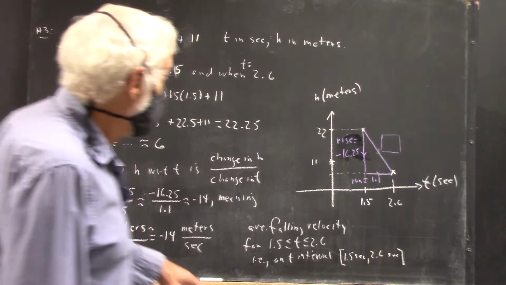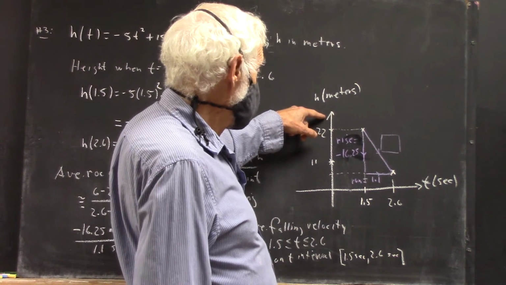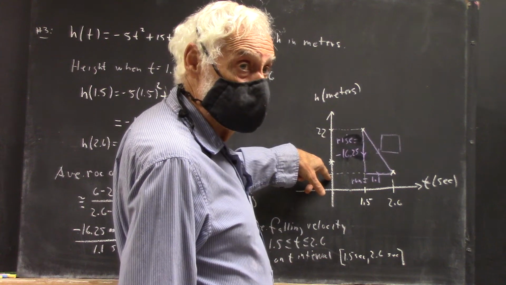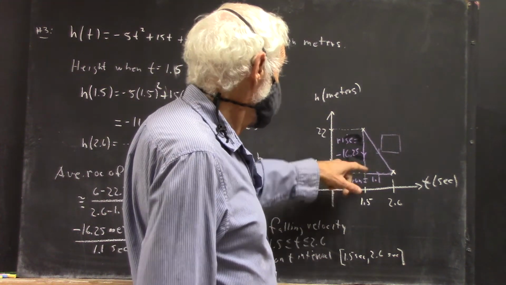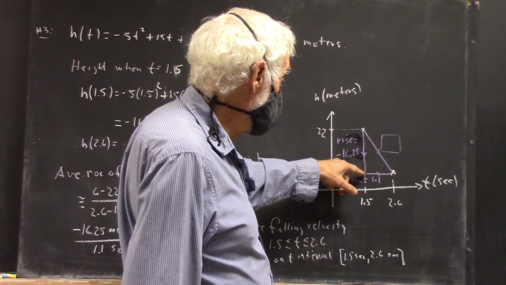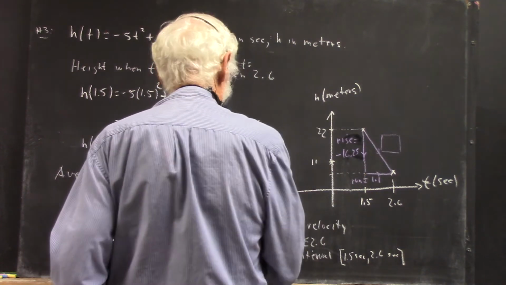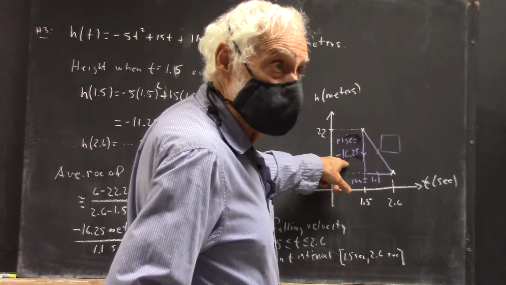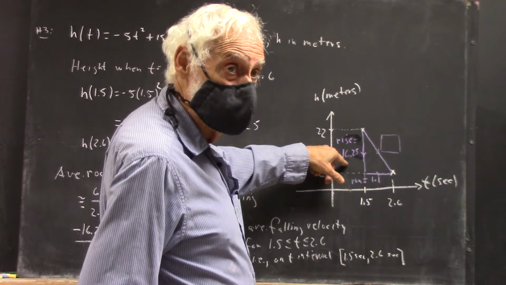But the rise goes from 22 down to 6, 22.25 down to 6, right? So if you go from 22.25 down to 6, you see why this is negative 16.25, right?